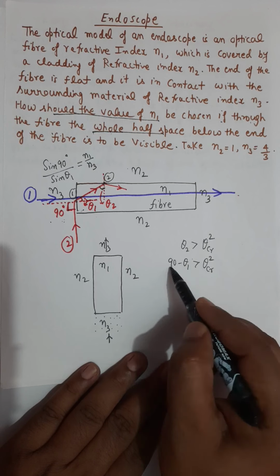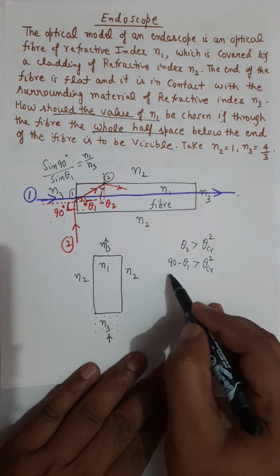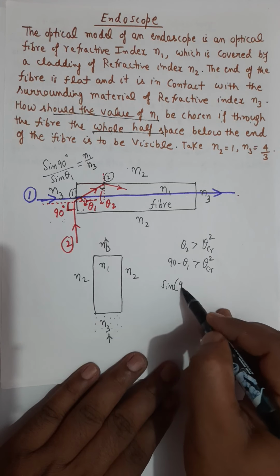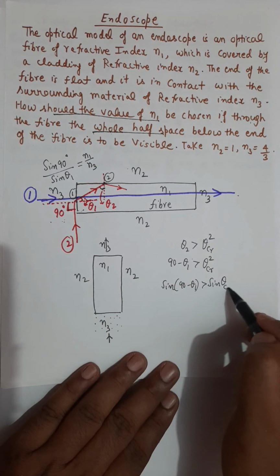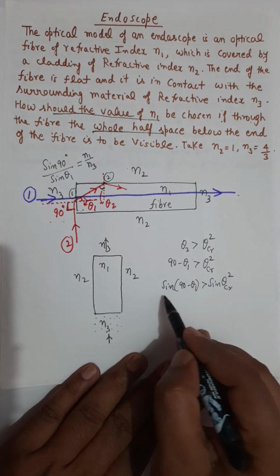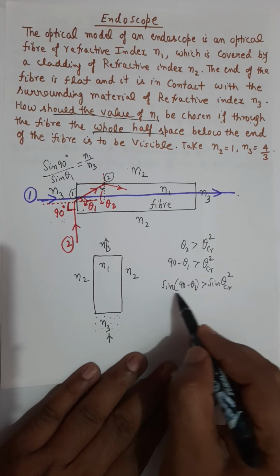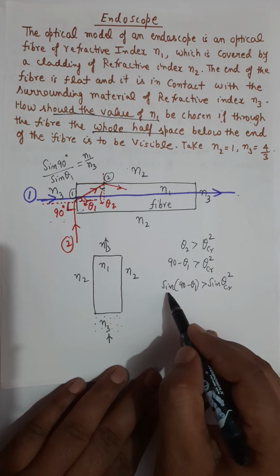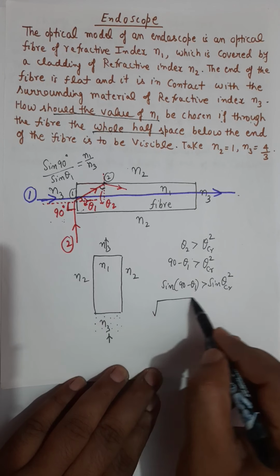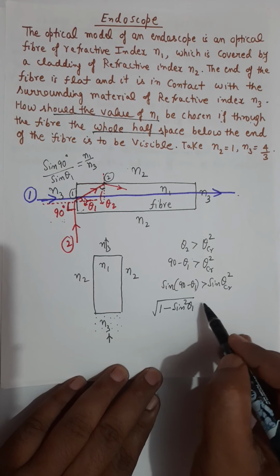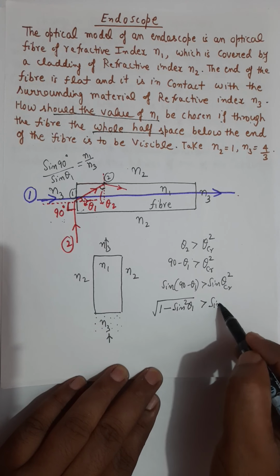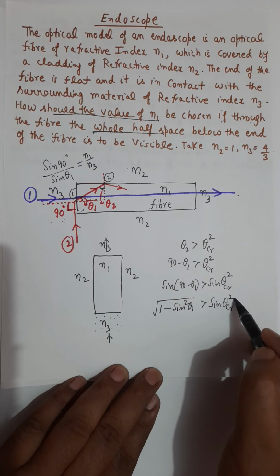Now if I take sine on both sides, I will write sine of 90 minus theta 1 should be more than sine of the critical angle at point number 2. Sine of 90 minus theta 1 is cosine of theta 1, which can be written as square root of 1 minus sine square theta 1, and that should be more than sine of the critical angle at point number 2.